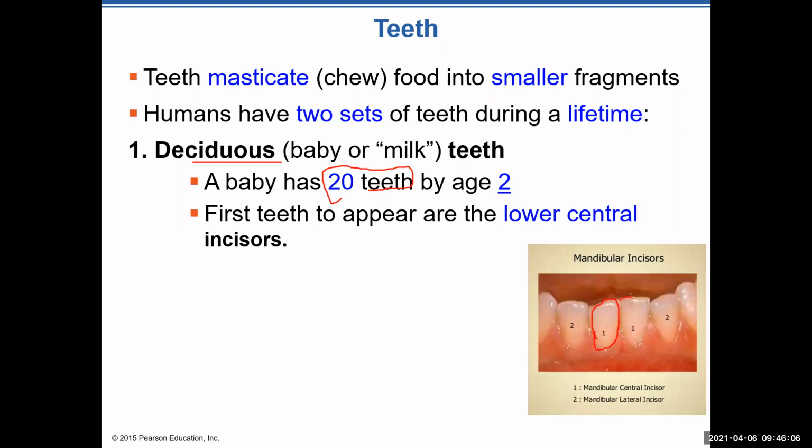You might have observed that if you have small babies at your house, your siblings or your cousins, the incisors are the first ones to erupt from the gums, isn't it? Have you ever noticed that? Either from the lower jaw or from the top jaw, absolutely, right?